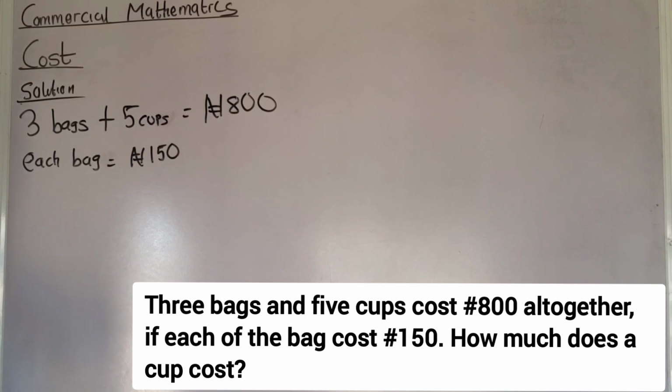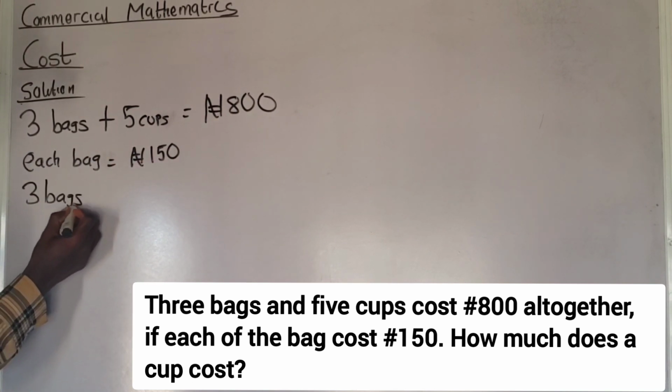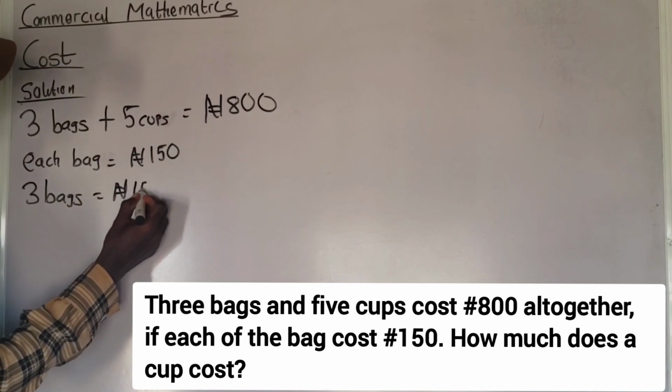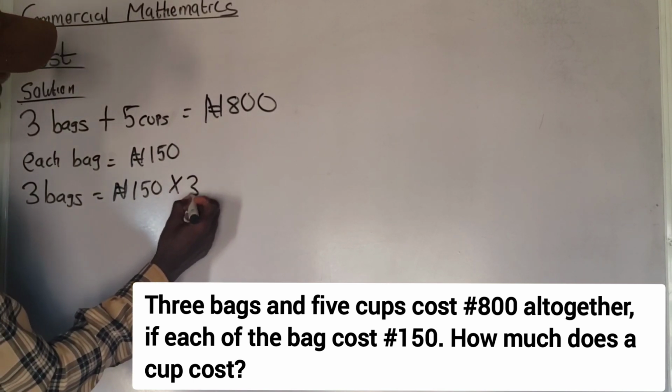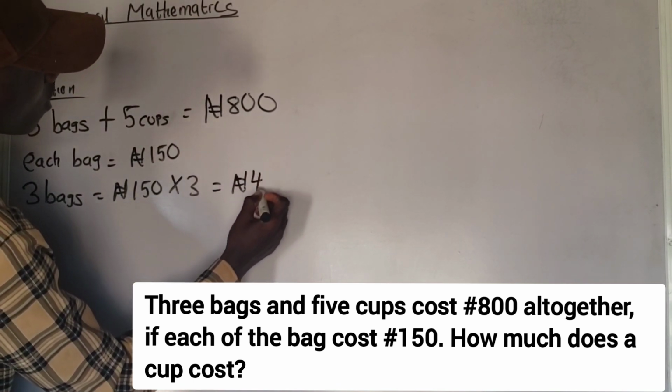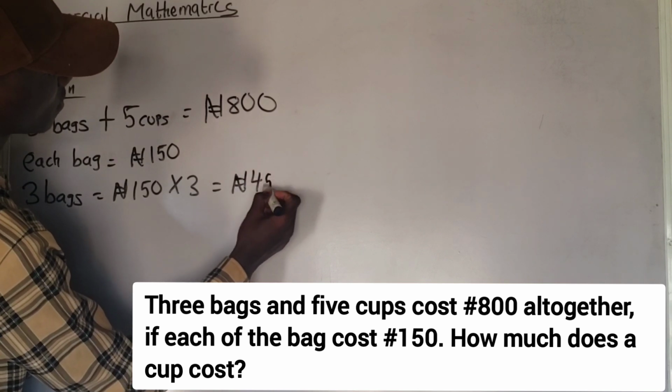Before we can calculate the cost of a cup, let us first determine the cost of 3 bags. If one bag costs 150 naira, 3 bags will cost 150 naira times 3, which gives us 450 naira.